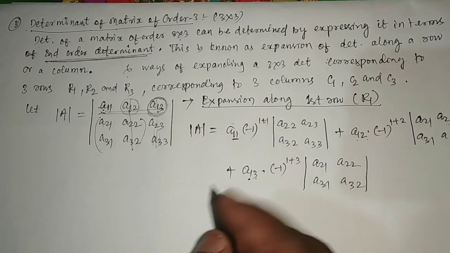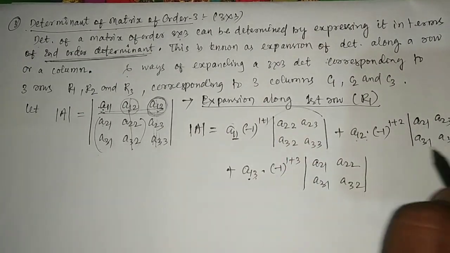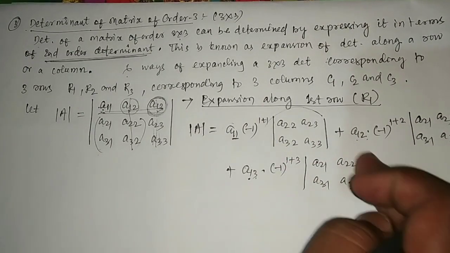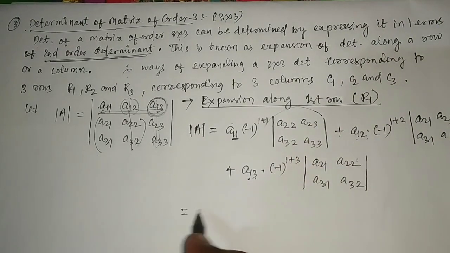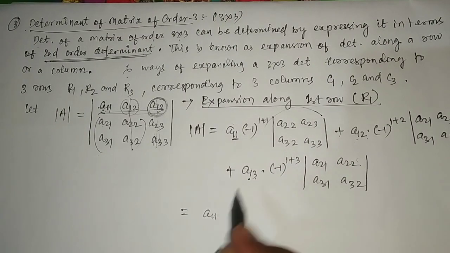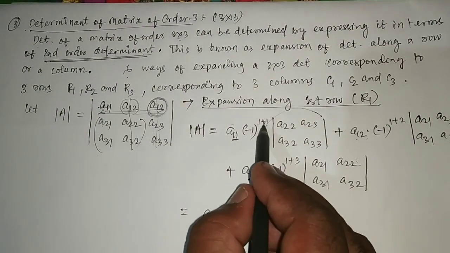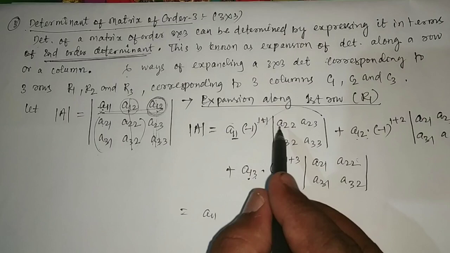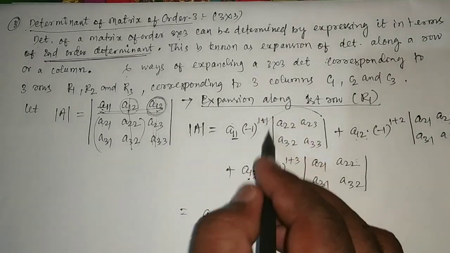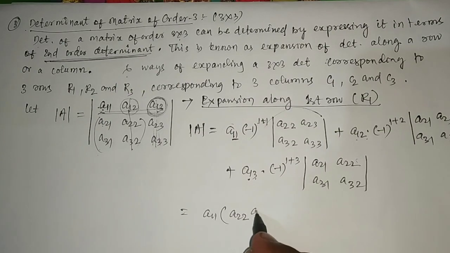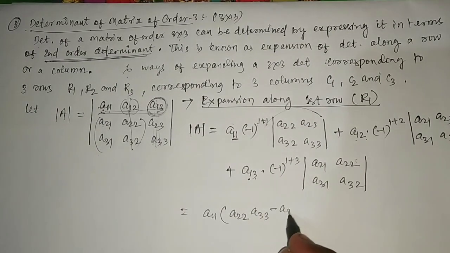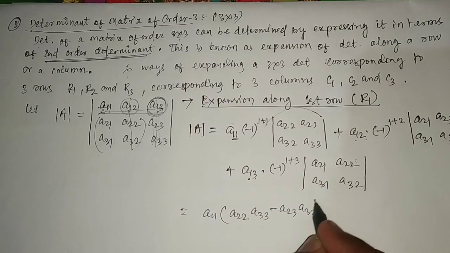Look here, these are determinants of second order which we calculated earlier. So it becomes A11, 1 plus 1, 2, minus 1 to the power 2 is equal to 1. So this determinant is evaluated by cross multiplication, A22 into A33 minus A23 into A32.